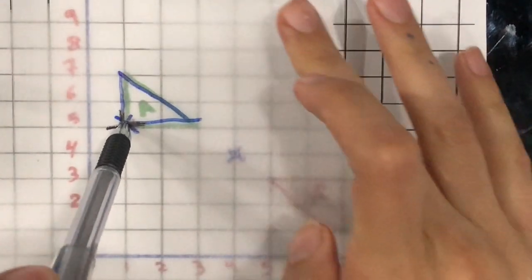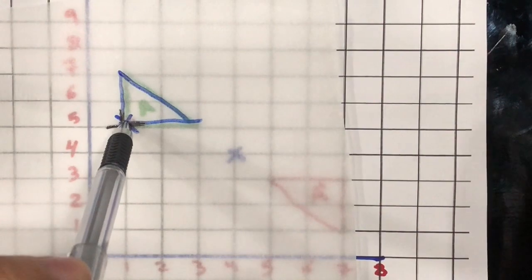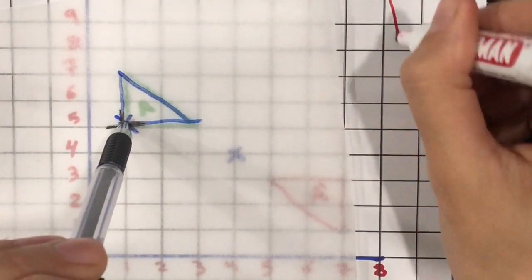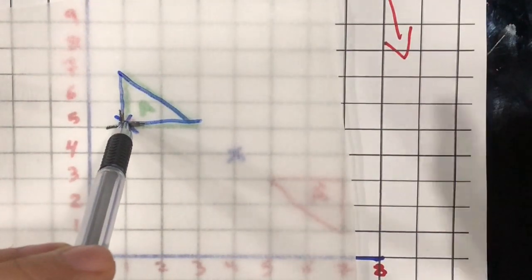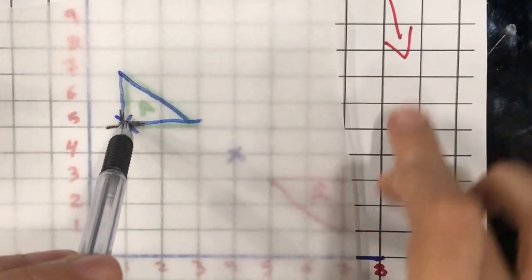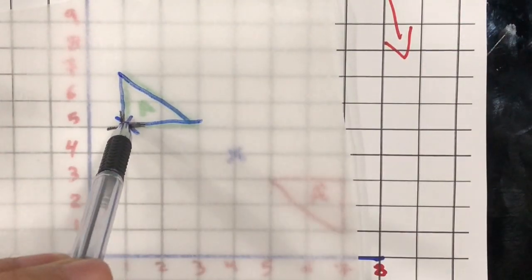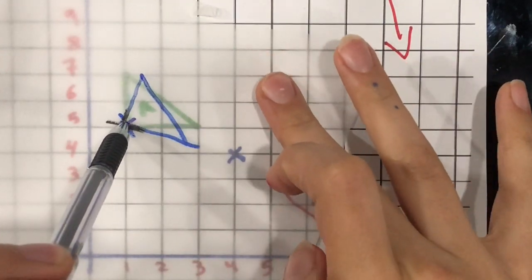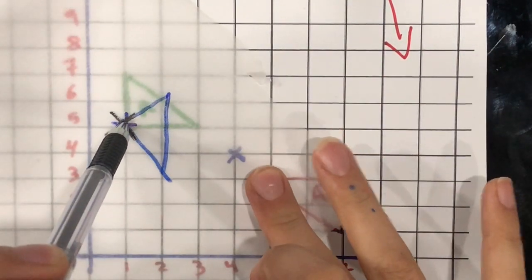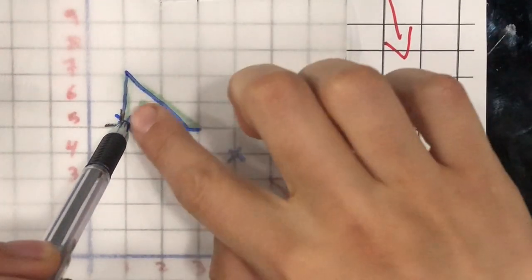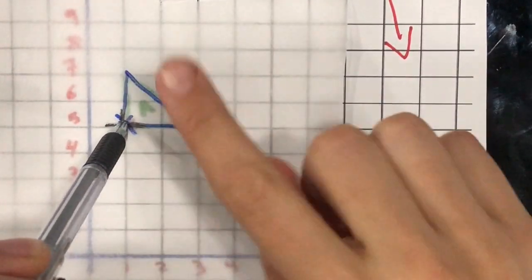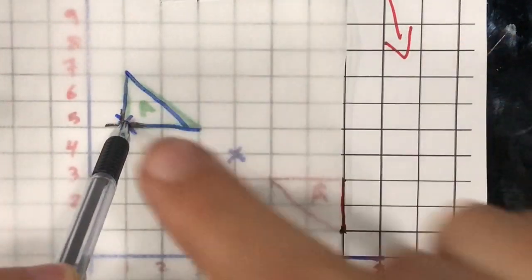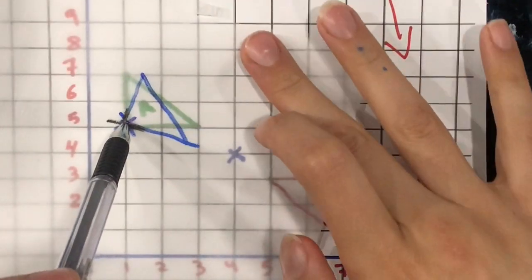Now, all I have to do is rotate 90 degrees clockwise. Clockwise means this way, like the hands of a clock. Just 90 degrees. Of course, 90 degrees means you rotate one time until the X and Y axes line up together.